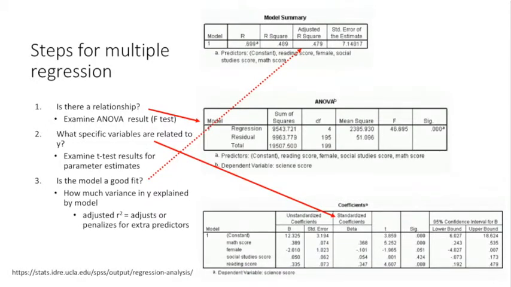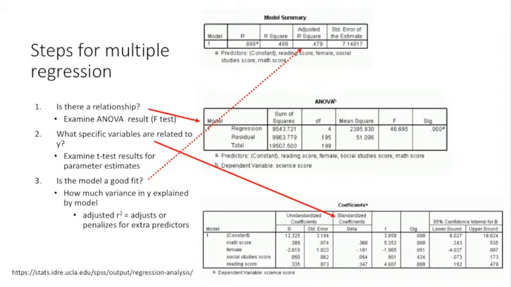All right, so now let's go through an example. This is something I pulled off the internet. In this particular model, they are trying to predict math scores from reading score, female gender, and social studies.